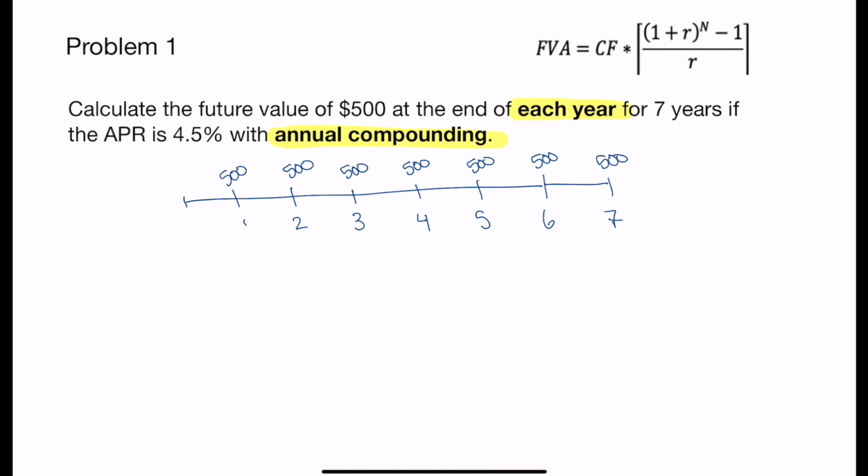Now on my timeline, I've drawn out 7 years, $500 at the end of each year, and we want to find the future value in the time period of the last cash flow, so time period 7.